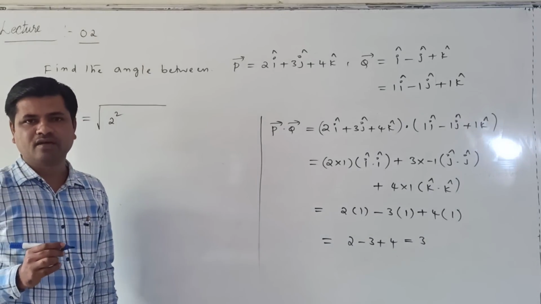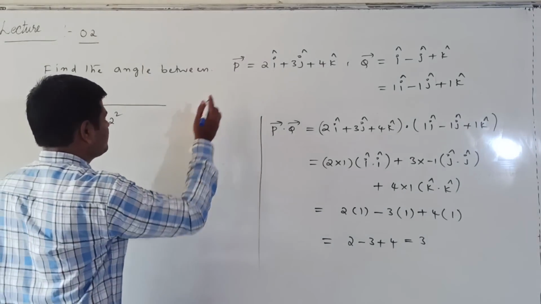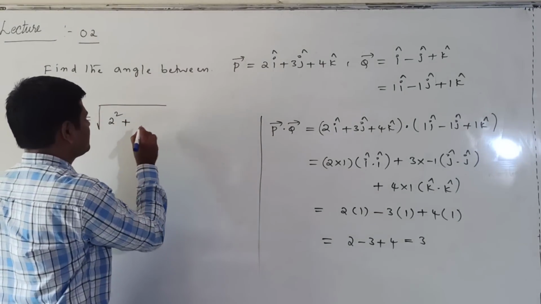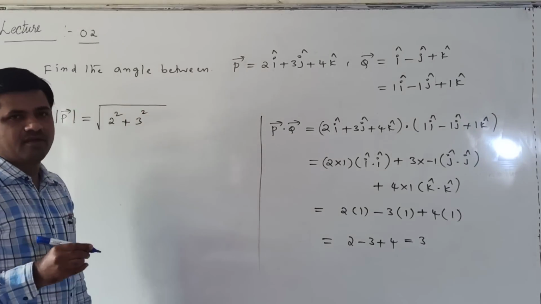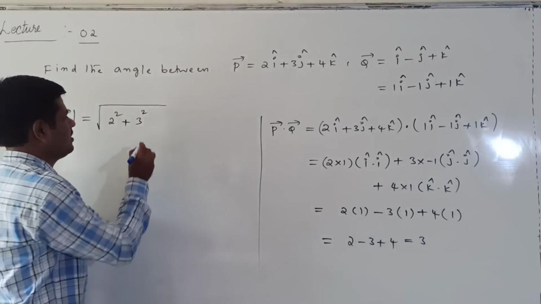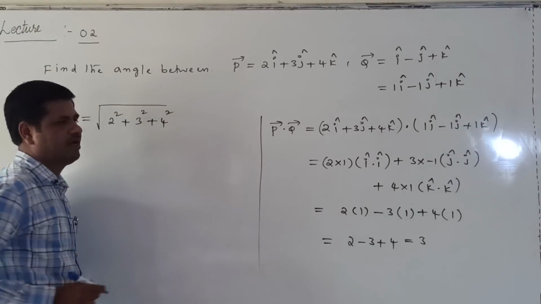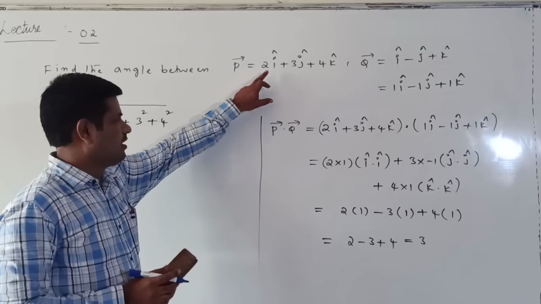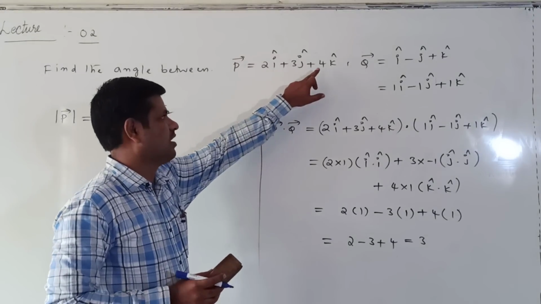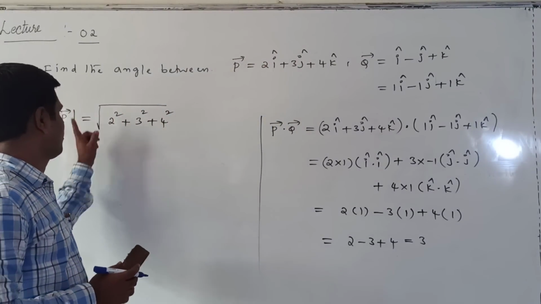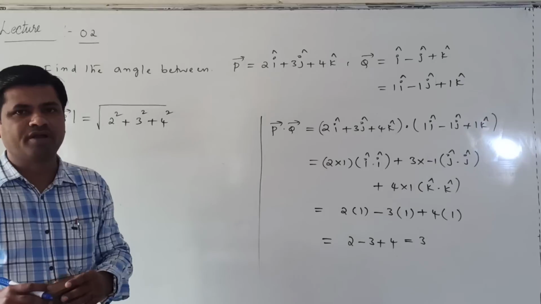The j coefficient square is 3 square. The k coefficient is 4, that is 4 square. This is the method of finding the mod: i coefficient square 2 square plus 3 square plus 4 square, all under root.